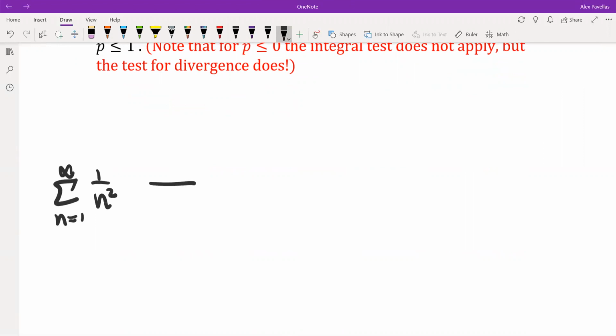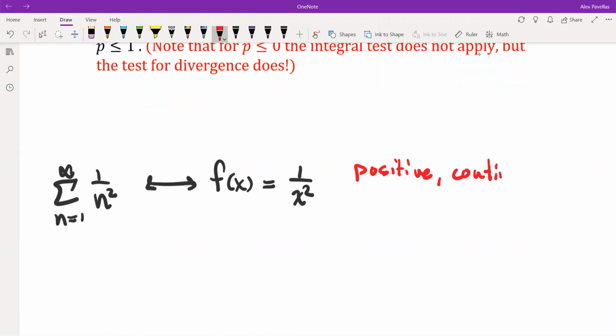Again, we look at the function, f of x equals 1 over x squared. This function is positive, continuous, and decreasing towards 0.